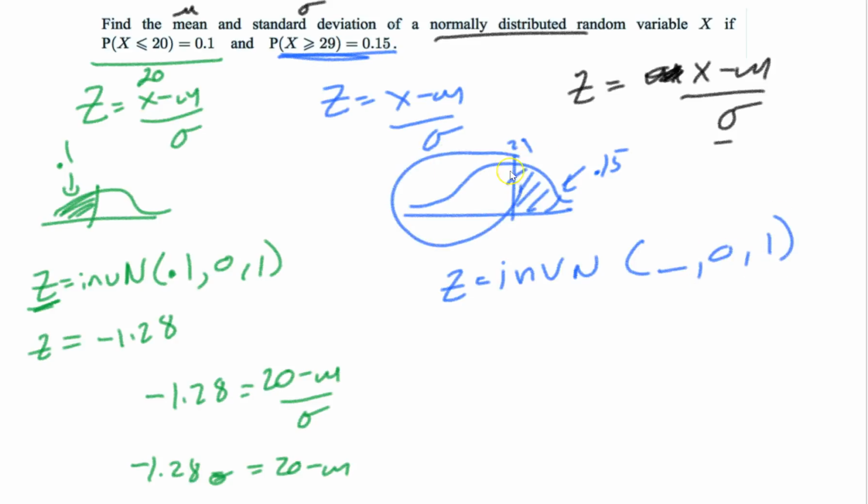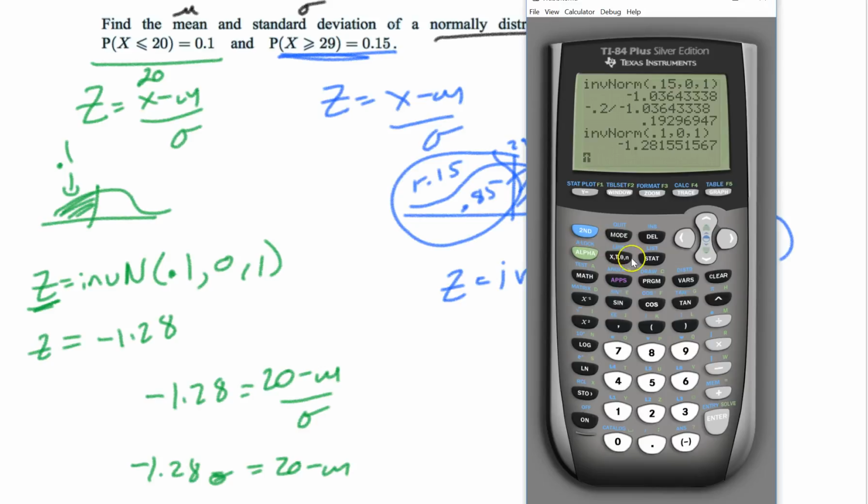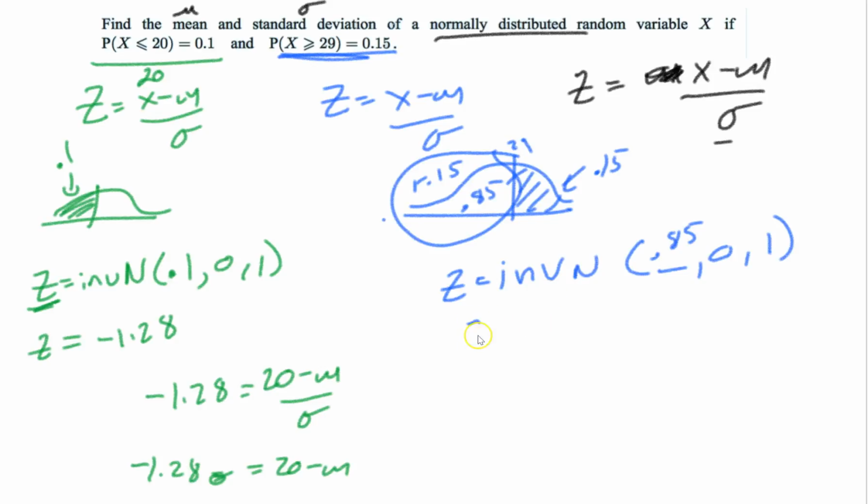I gotta use the left-hand side. So 1 minus that is 0.85. That's what I have to use. Has to be the left-hand side. So all that we just put in our calculator. 0.85. 1.04, if I round to nearest 3 sig figs.